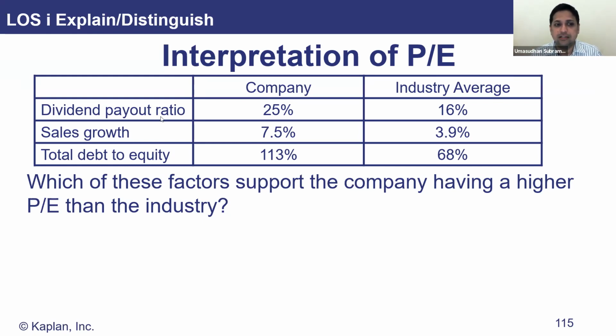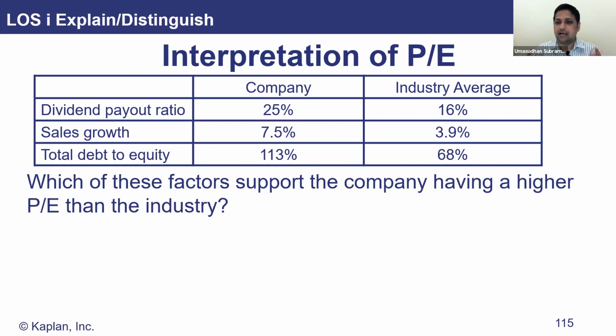Let's talk about dividend payout ratio. The dividend payout ratio of the company is 25%. Industry average is 16%. So what do you think? Is this dividend payout ratio, higher than the industry average, going to help the company have a higher PE ratio? Yes or no? Higher dividend payout ratio?